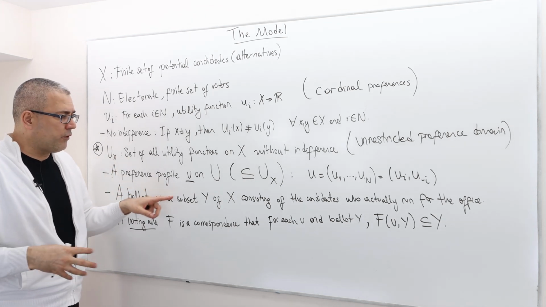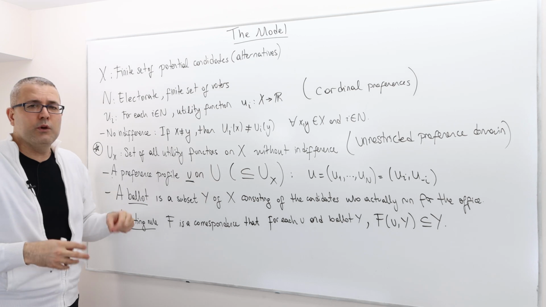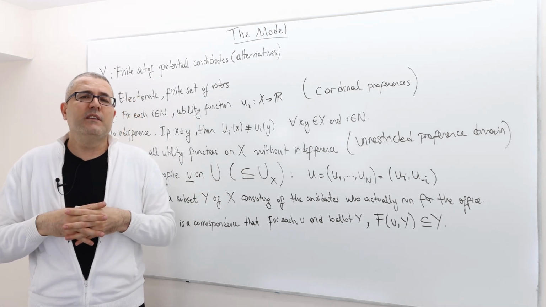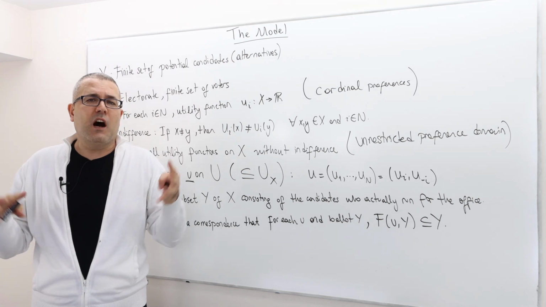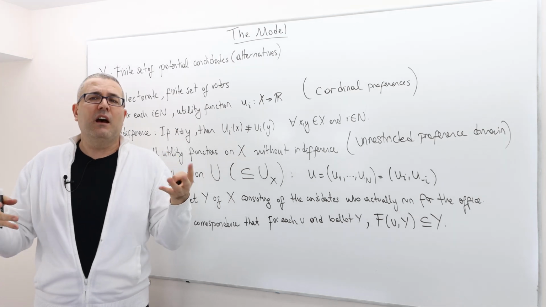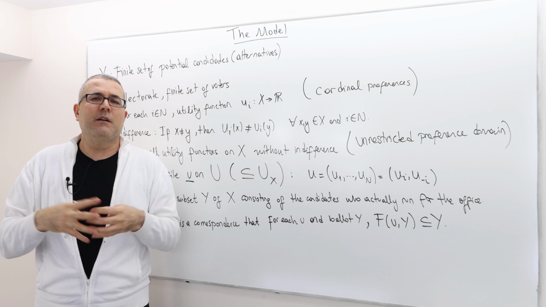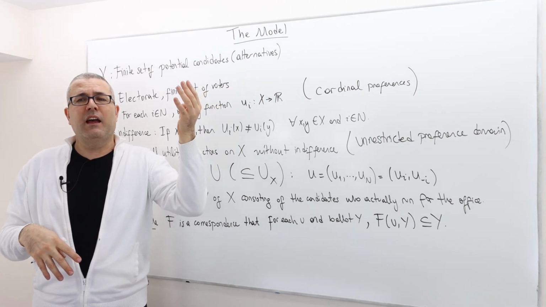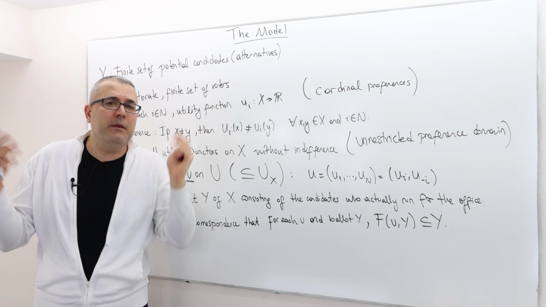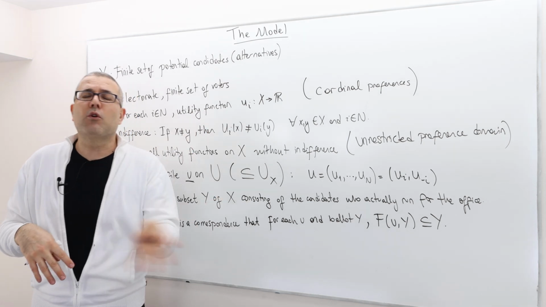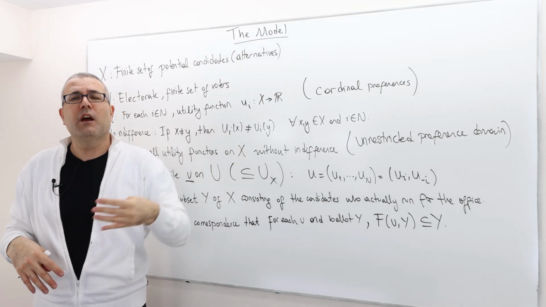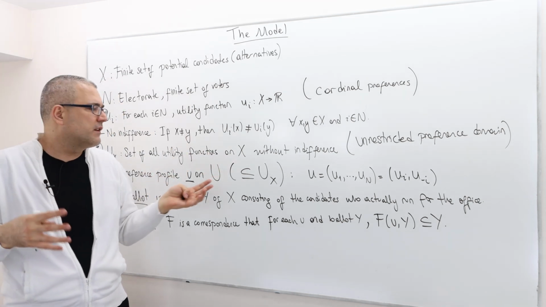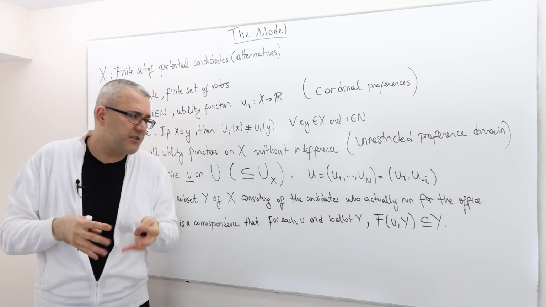A preference profile U on a restricted domain capital U: maybe the agents' preferences are known to be in some category. For example, they never put candidate A as their first best, so you can ignore all the utility functions where the utility of A is the highest. In some way, the domain of preferences may be restricted.